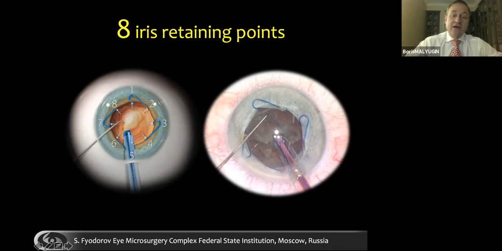So it actually equals 8 iris hooks, and that is why the pupil is almost round rather than square, which you might expect from the square shape of that device.